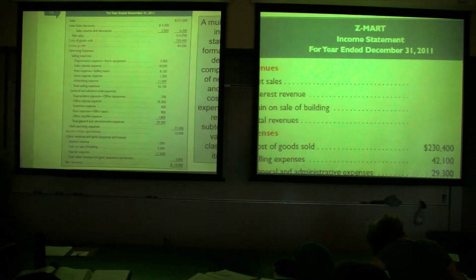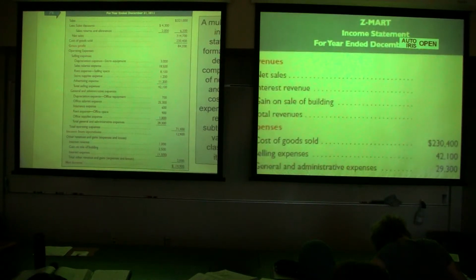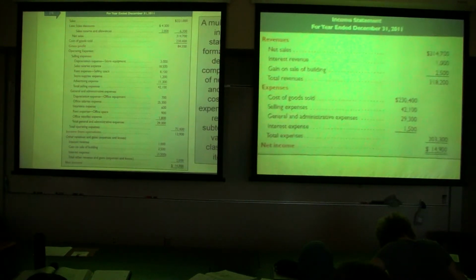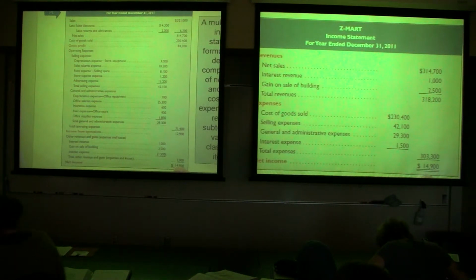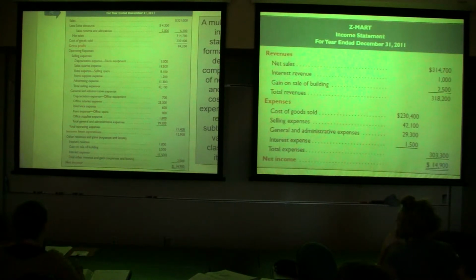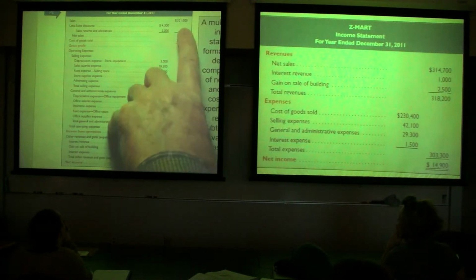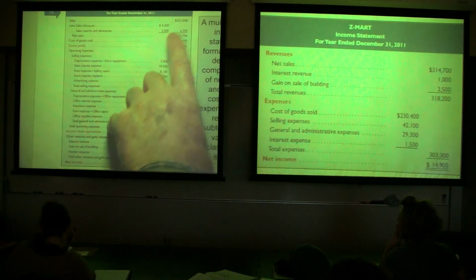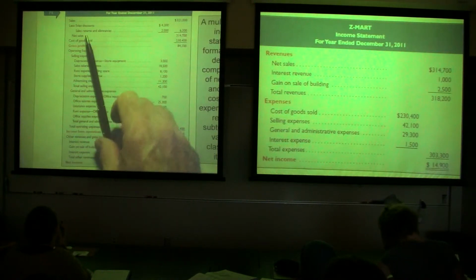So, let me put this up here. Let me make this a little bit more readable. And notice the net income is the same, 14,900 in both. Now what happens here, the first thing you do is you figure gross profit. Gross profit equals sales, and then if your customers bring it back, it's technically not a sale, so you take out sales returns.